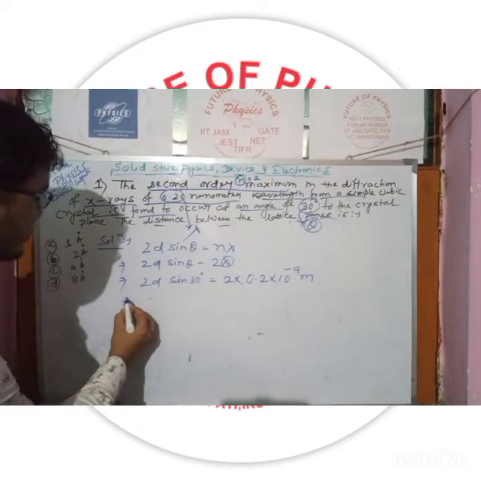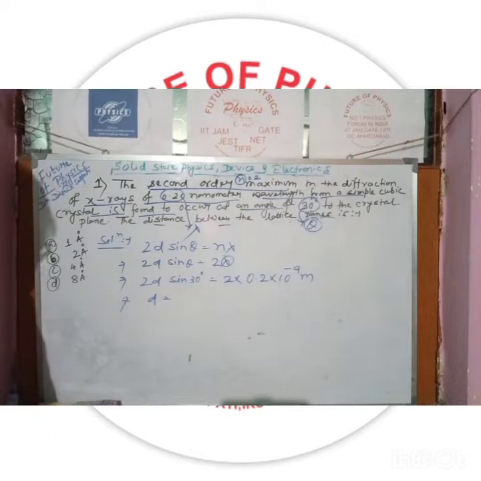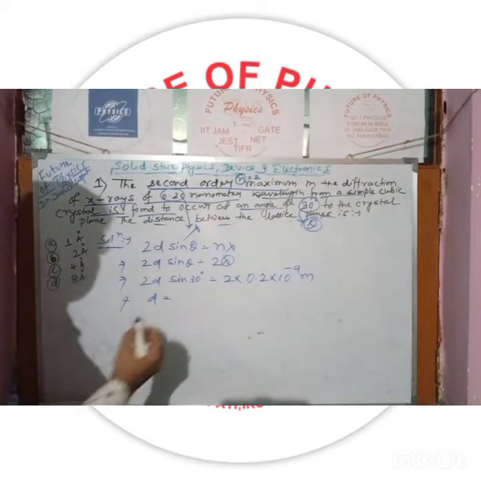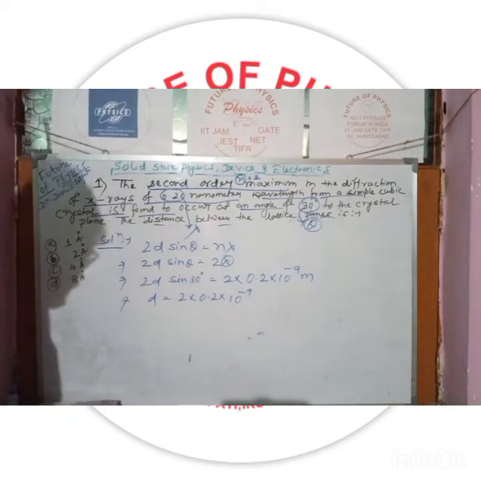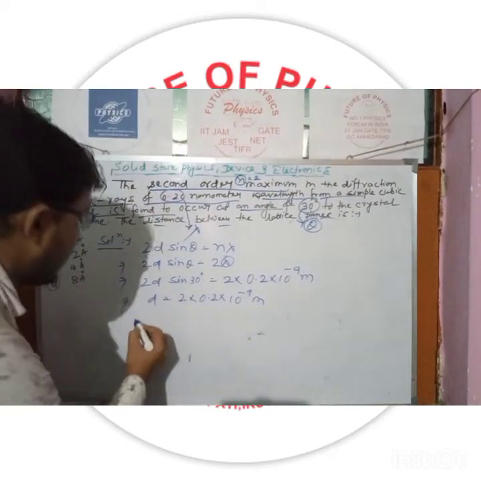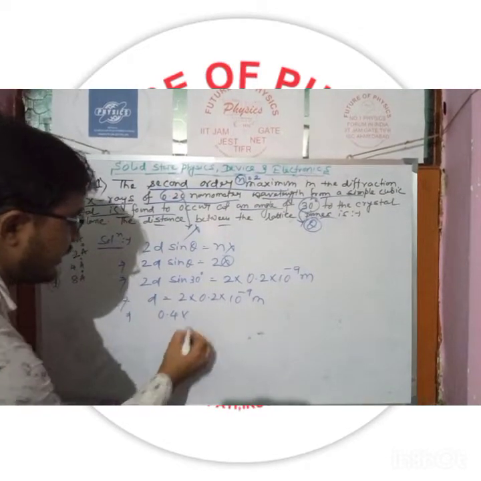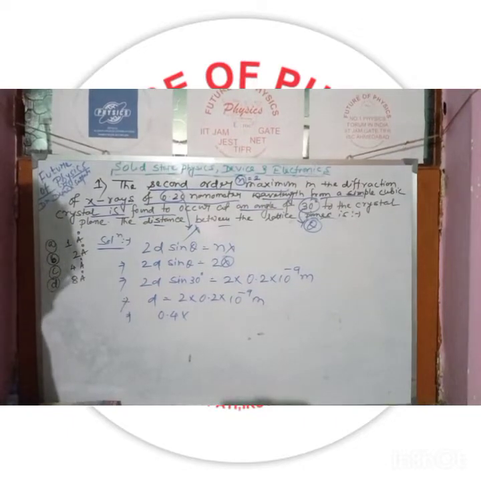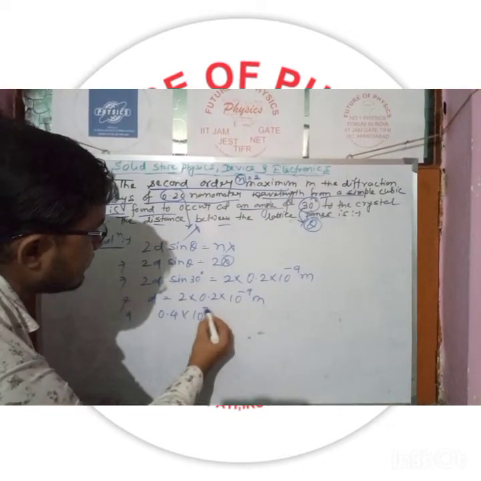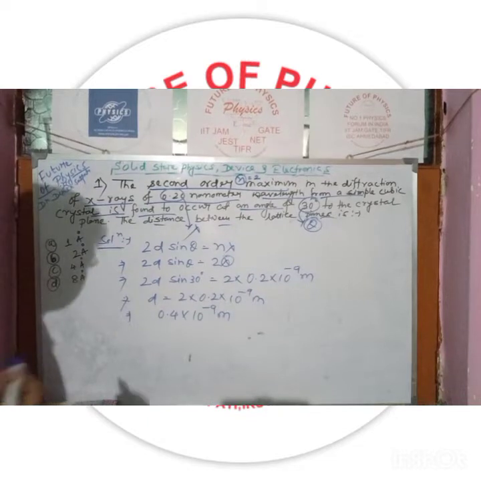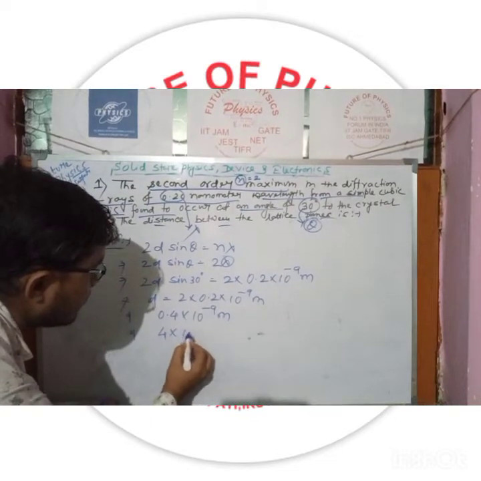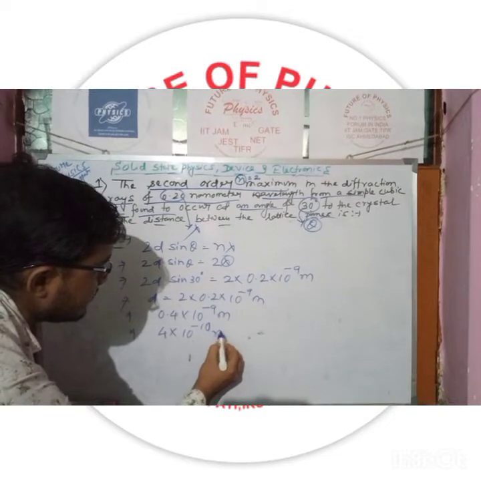Now d is equal to 2 into 0.2 into 10 to the power minus 9 meter, which is 0.4 into 10 to the power minus 9 meter, then 4 into 10 to the power minus 10 meter.